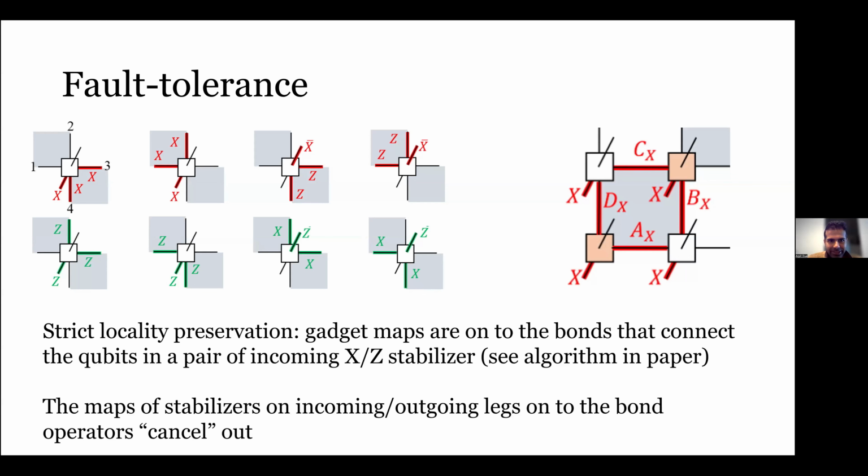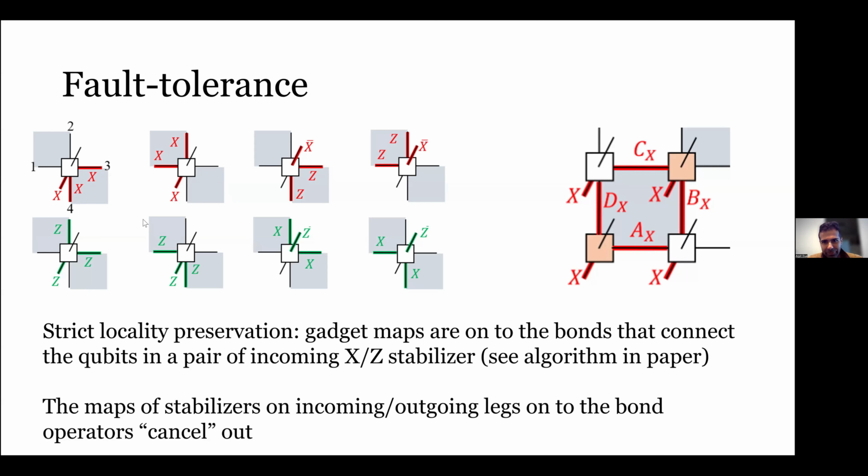So Yichen explained how he constructs the maps of the actions of those gadgets onto the incoming Pauli operators. For example, for the toric code, for the Hastings-Haah code, he found these gadget maps onto the incoming Pauli operators. So X maps to, for example, XX onto these bonds.